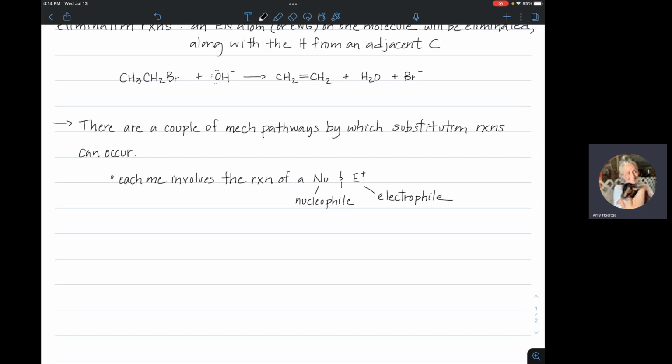We designate the mechanism with either a 1 or a 2 to indicate its molecularity, and that is data driven. So we will indicate the type of substitution reaction by its molecularity.